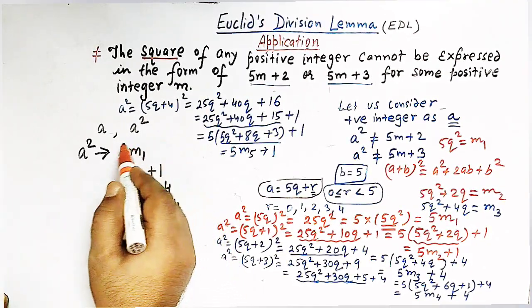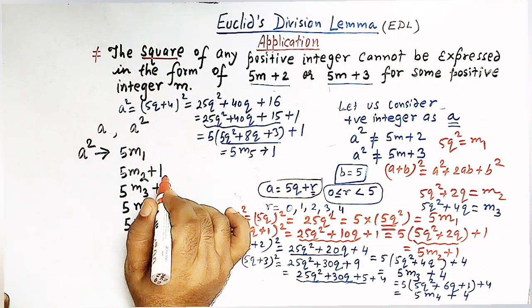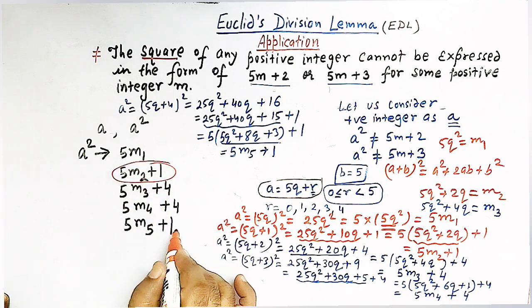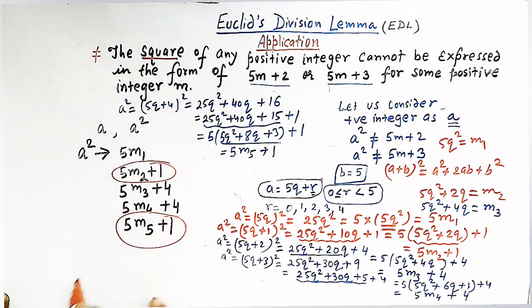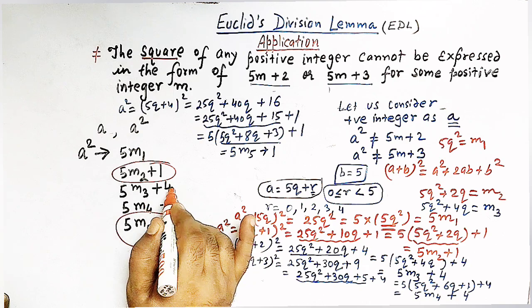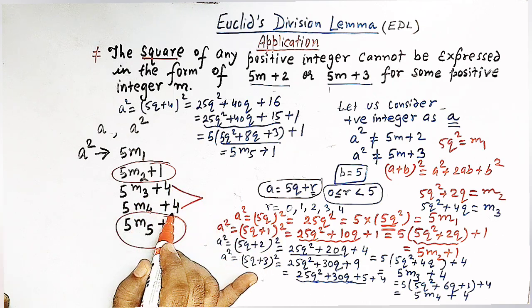Now from these five forms, we can easily see that this one and this one are identical, and these two forms are also identical.